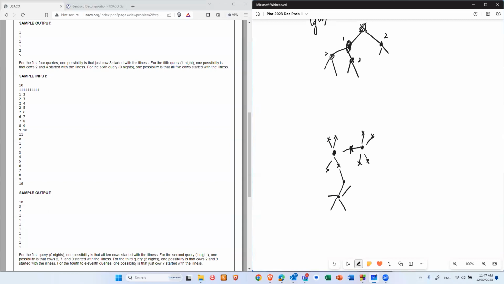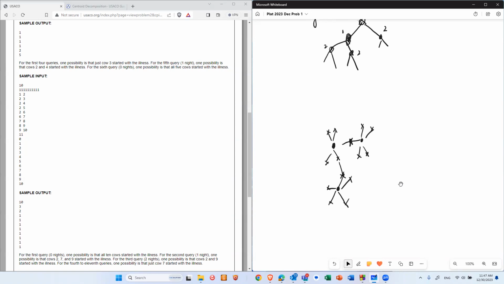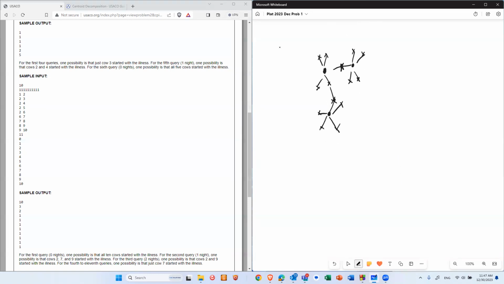Because those are the ones that can reach 1 step further. So let's say all those get removed. Then what you end up with, so we do night equals 0. That is easy, right? Everything. Night equal to 1.